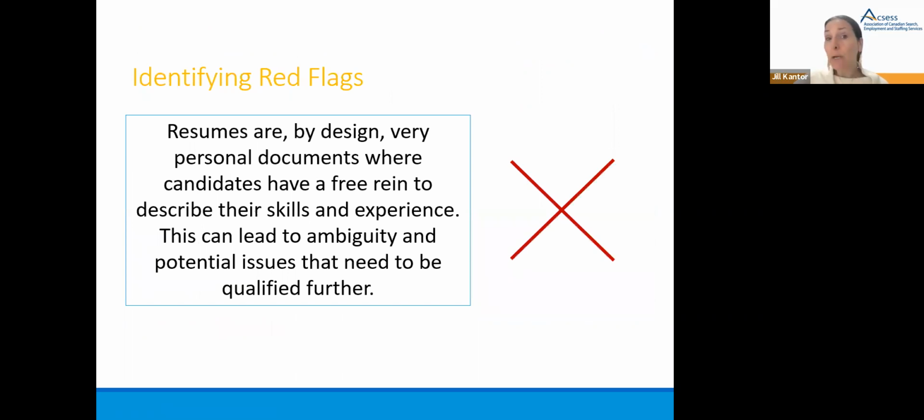Other things that we really want to be thinking about is identifying those red flags. Resumes are by design very personal documents where candidates truly have free rein to describe themselves, their skills and experience, in any way that they want. And it can lead to ambiguity. There can be potential issues that need to be qualified further.